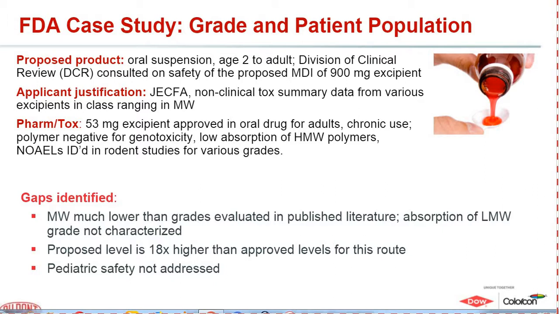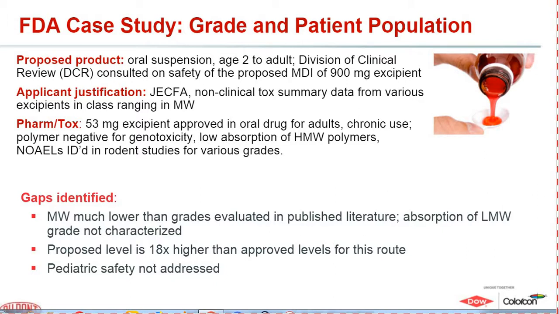Now, the justification that the applicant included in their application or their ANDA was information related to the JECFA review of this excipient. They included non-clinical tox summary data from various excipients in the class ranging in various different molecular weights.